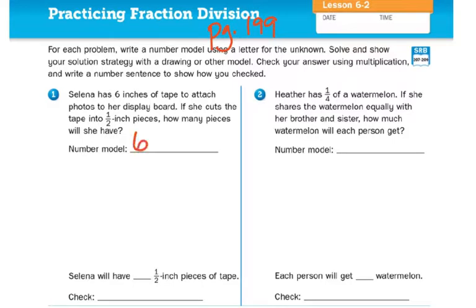So she starts with 6, right? She divides it into half-inch pieces, and that's what we're solving for. So I'll put P for pieces. I'm going to start with a number line.